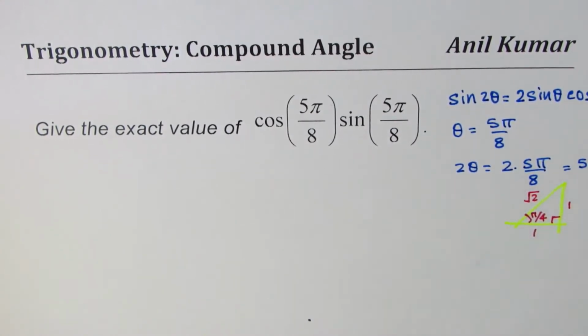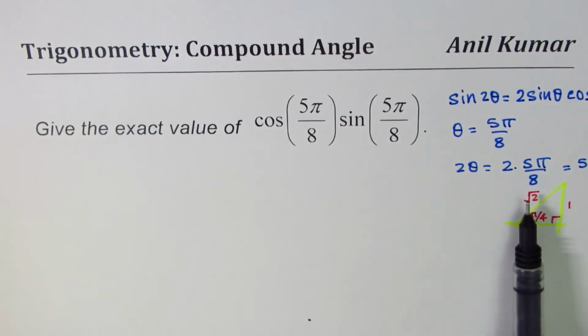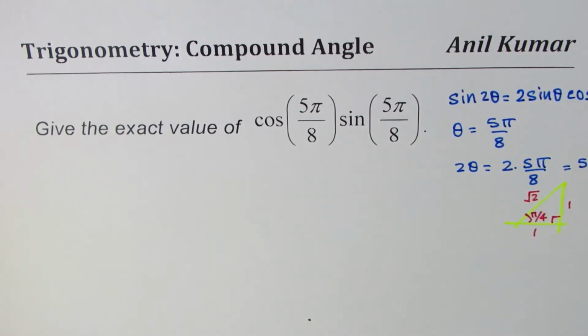From here we can always find sine is 1 over square root 2, cos is 1 over square root 2. That gives you an idea of how to go about finding the exact value of the given expression. That is the strategy which we are going to use.